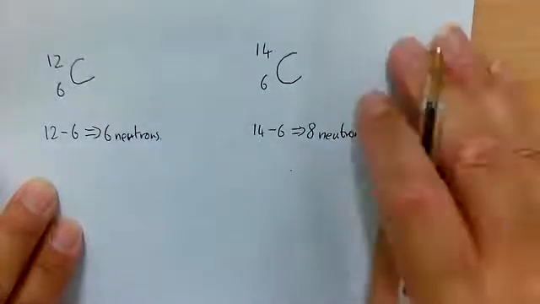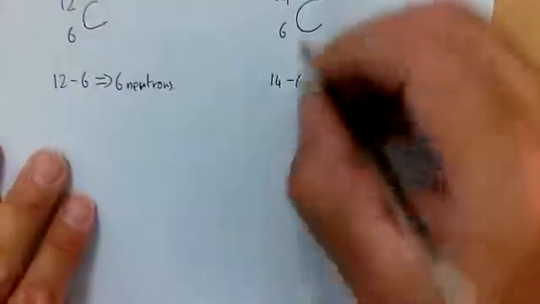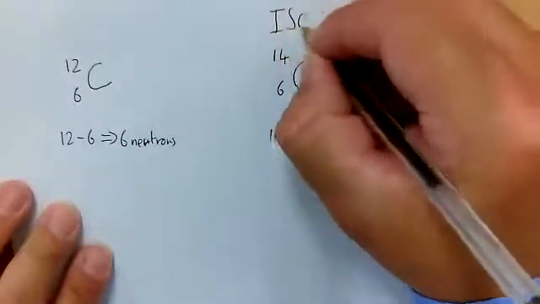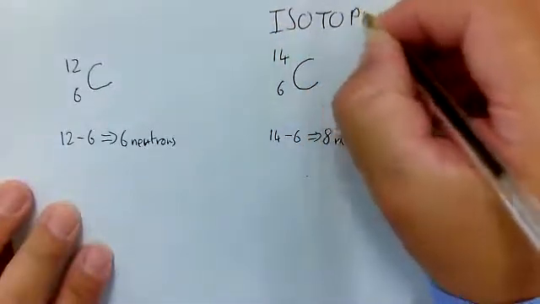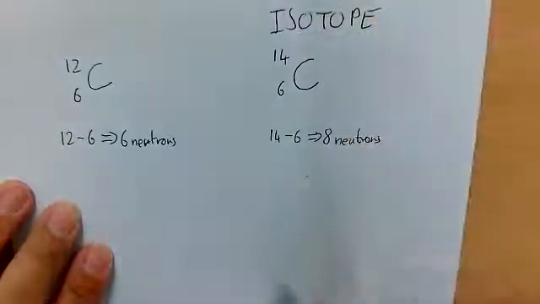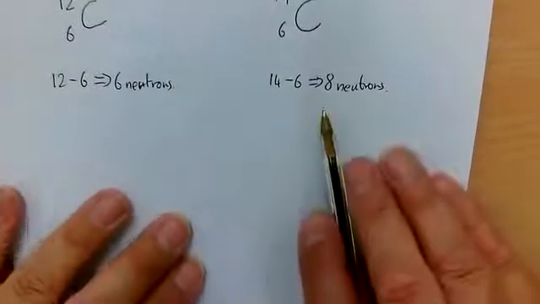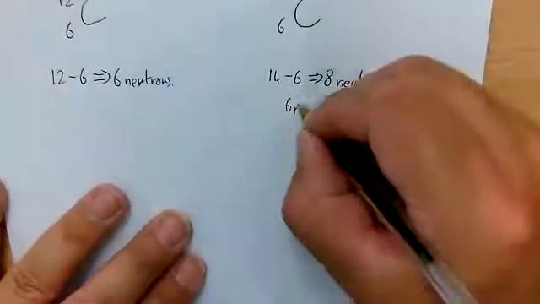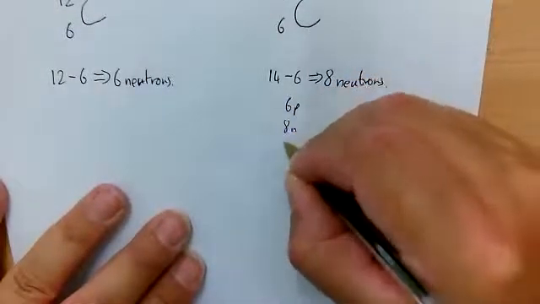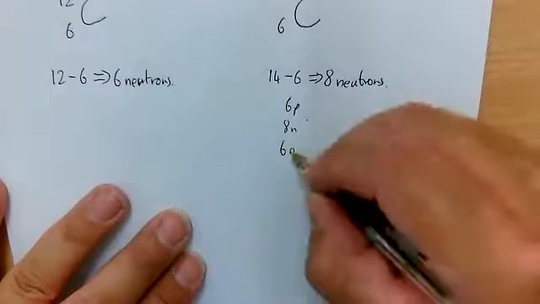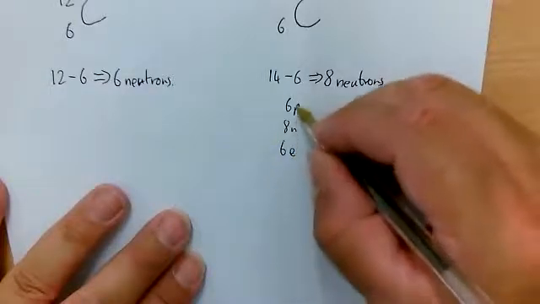Okay, it's an isotope of carbon. So what that means is that you've basically got 6 protons, 8 neutrons, still 6 electrons, because you have to balance the protons and electrons to have a neutral atom.